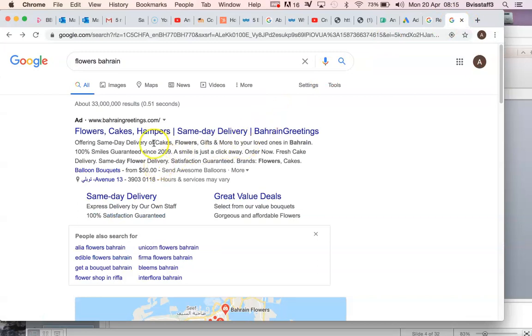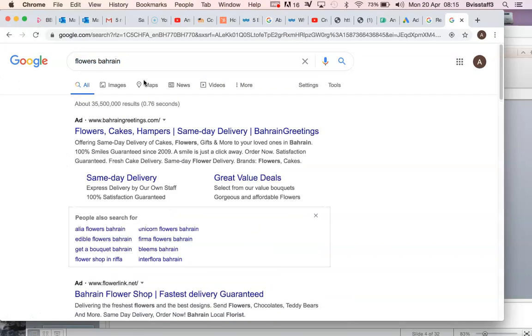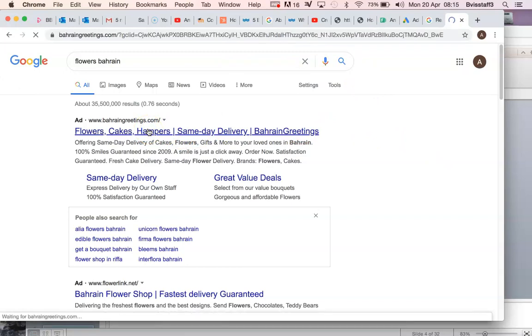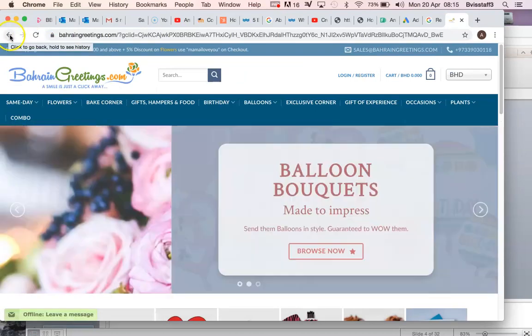And the click-through rate basically is if the keyword Flowers Bahrain is typed in 1,000 times today, and then out of the 1,000 times, 100 people click on flowers cakes, so that means that 100 in 1,000 times is the click-through rate.